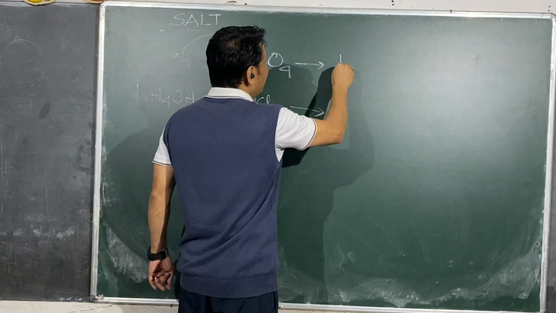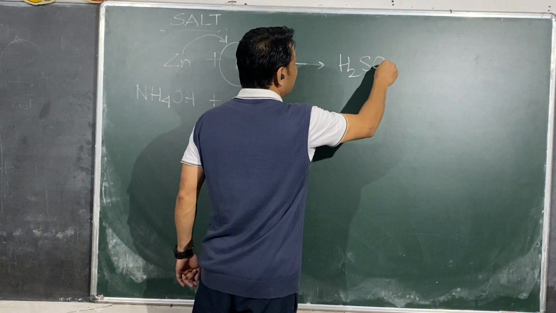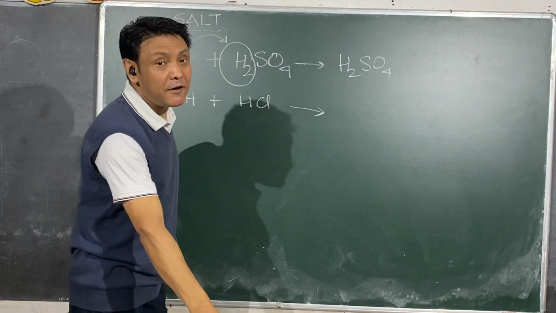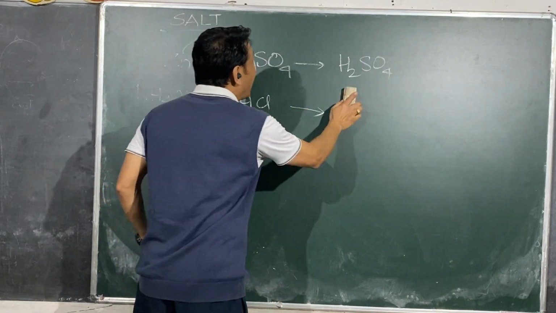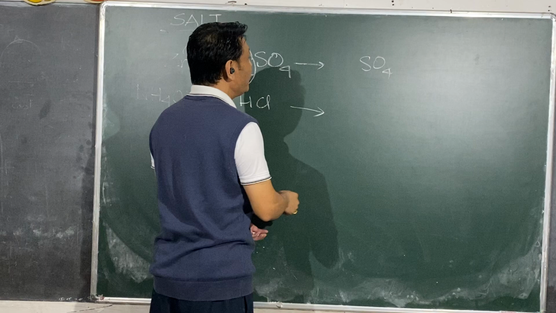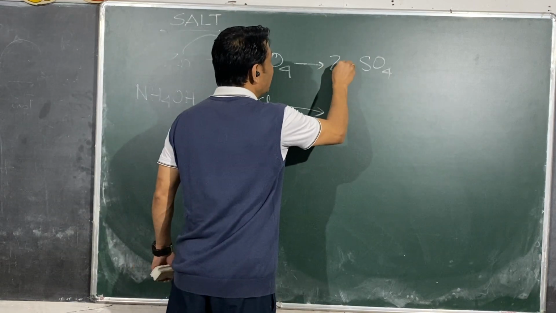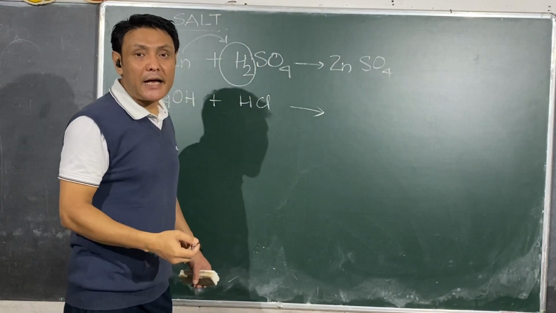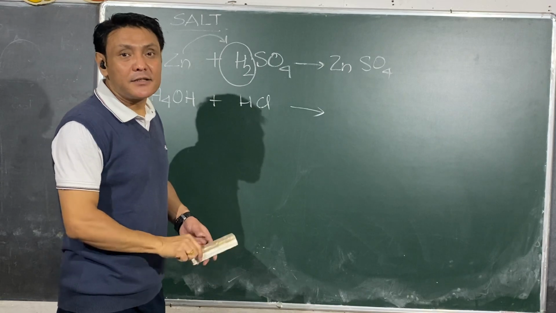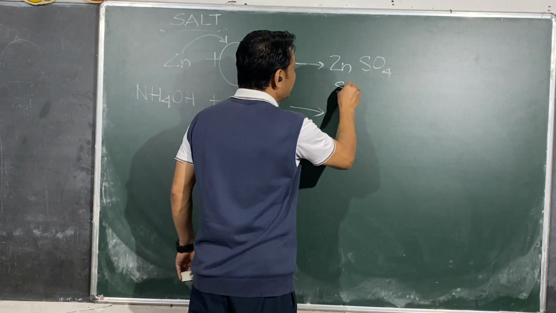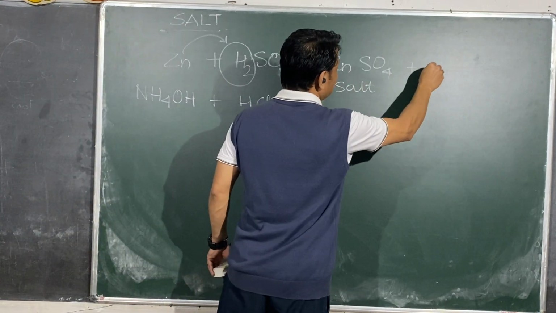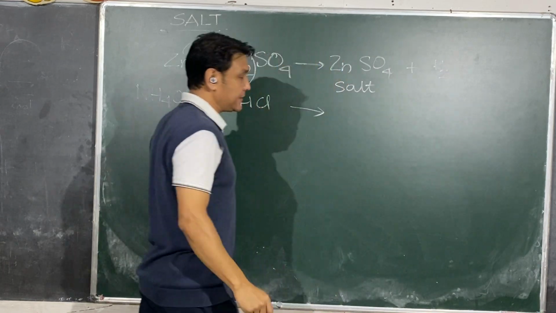So H2SO4. The hydrogen of sulfuric acid will be replaced by the metal zinc. So sulfuric acid becomes zinc sulfate. This is a salt. And of course, hydrogen gas.